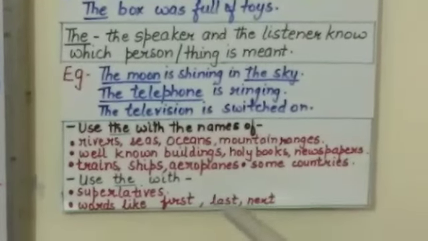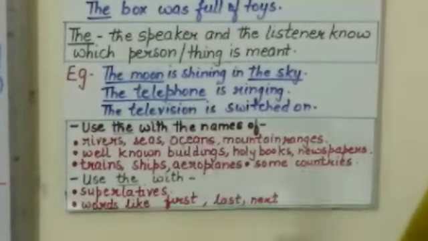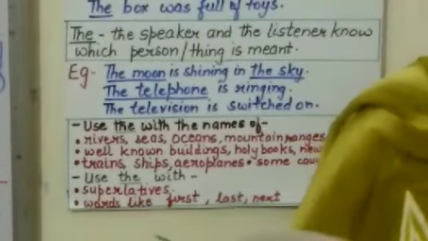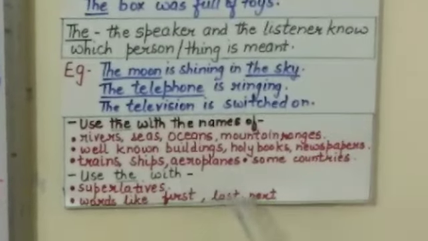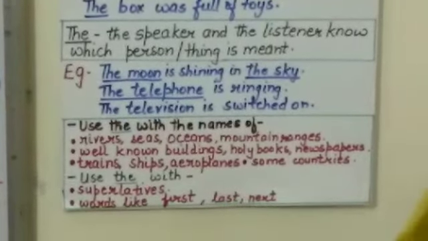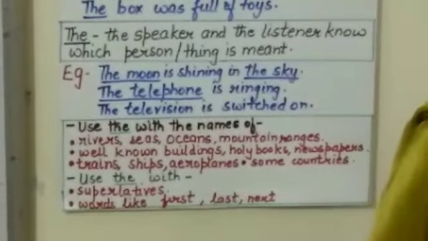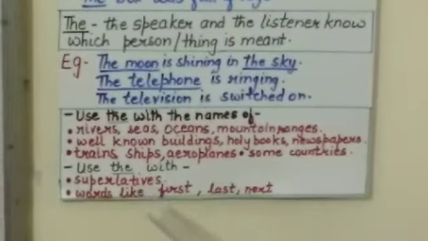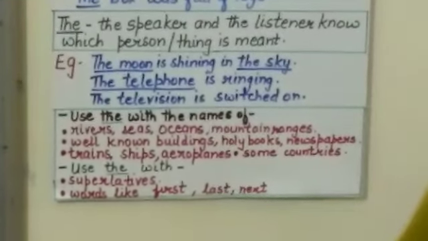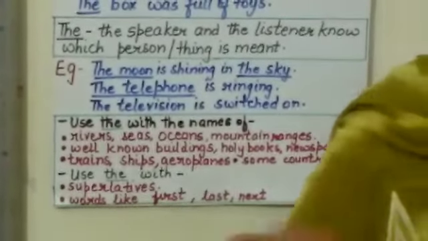Words like first, last, and next. When you use these words, then also only can be added over here. They arrived at the last moment. The last moment. The next day was a holiday. The next. So the is written before that.